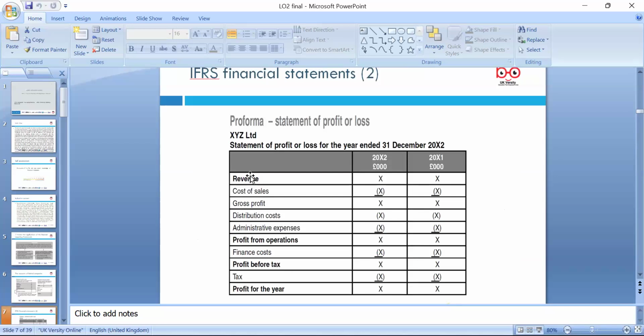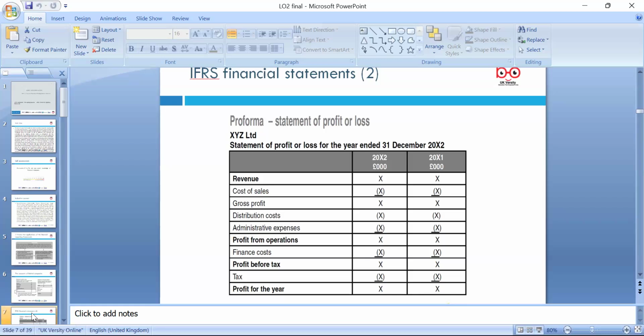We use revenue throughout the world, instead of turnover or sales, then cost of sales, gross profit, and then all the expenses we can categorize as either distribution costs or administrative costs, and then profit from operations. Finance cost is the interest on loans, then tax, how much we paid, and the profit for the year. That's the layout we follow for the statement of comprehensive income.